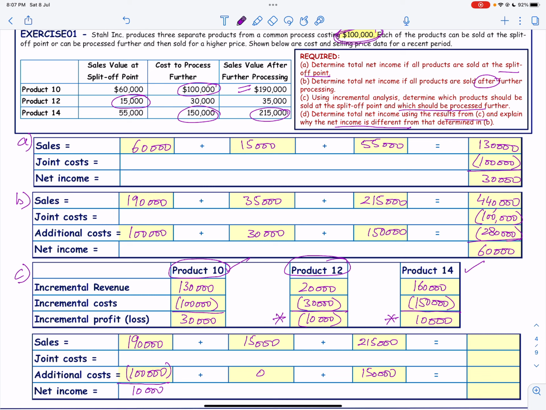So the net income here will be 15,000, and here the net income will be 215, that is going to be 75,000, 65,000.